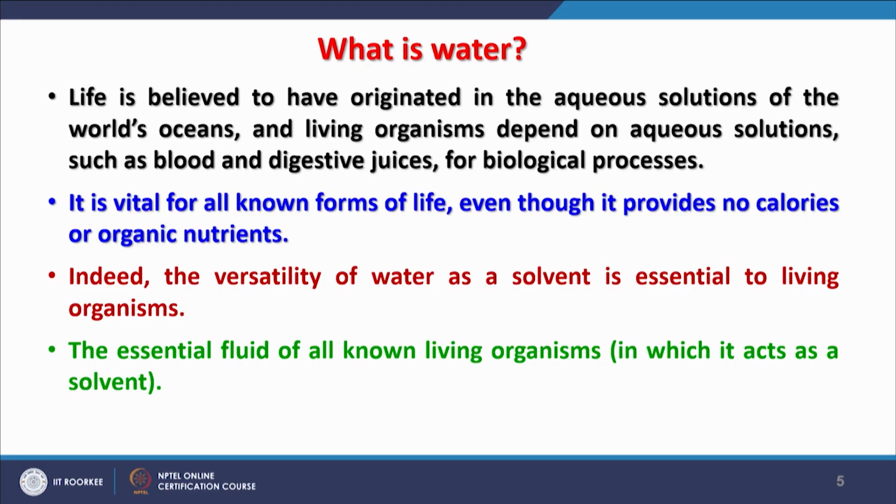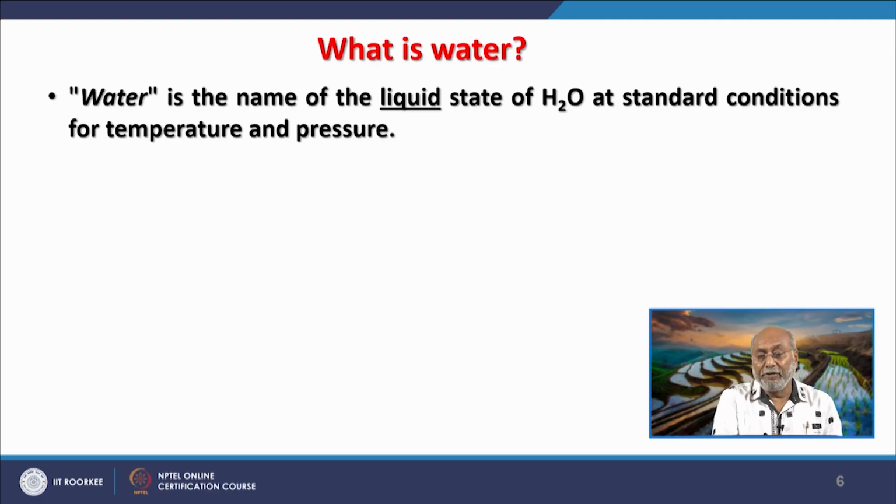Water is one of the cheapest solvents available on the earth. It dissolves so many things. And water is the name of the liquid state. However, when we go for other states of water, things change depending on the conditions of temperature and pressure.